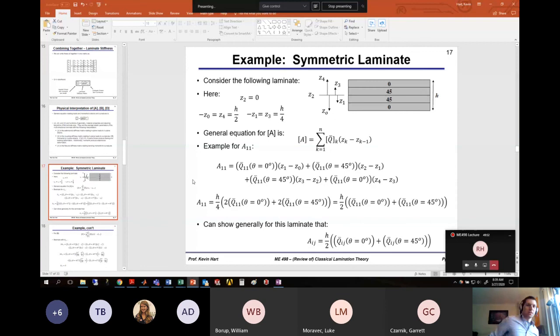All right, so let's consider a symmetric laminate like we have here. This is a 0, 45, 45, 0 laminate.